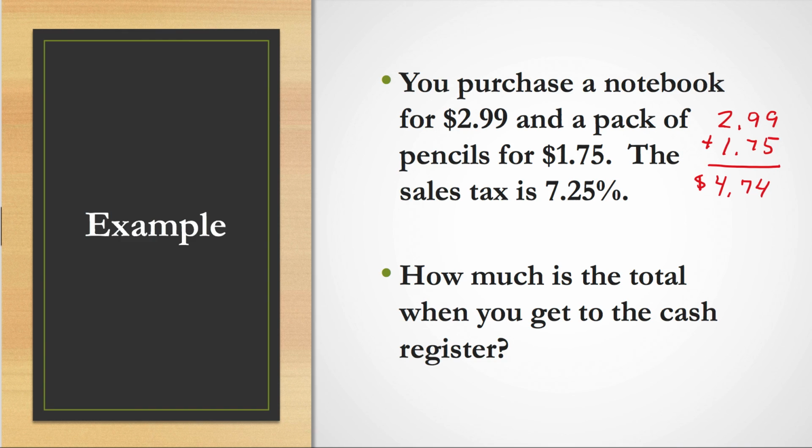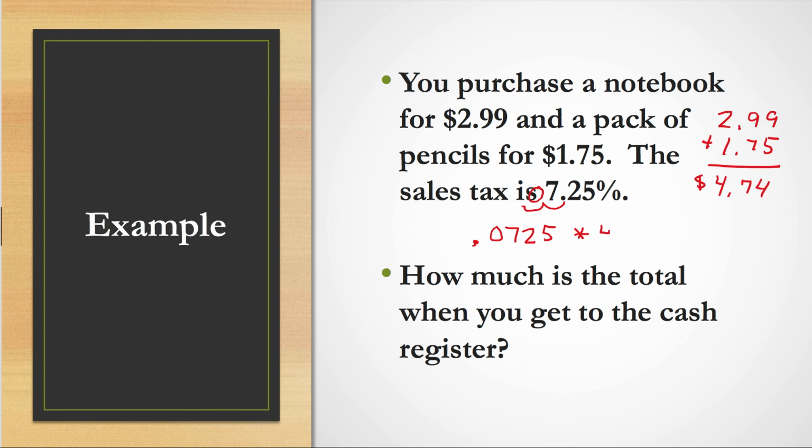All right, so now let's deal with the tax. I need to first take this tax percentage and make it a decimal. So I'm going to move that decimal place 2 places to the left, and my decimal now will be 0.0725. And we're going to multiply that times the price of our items.